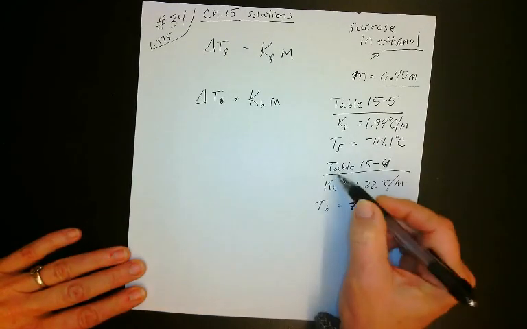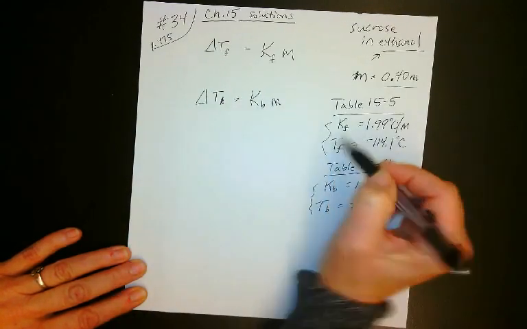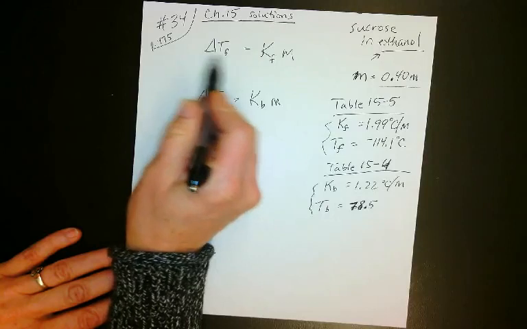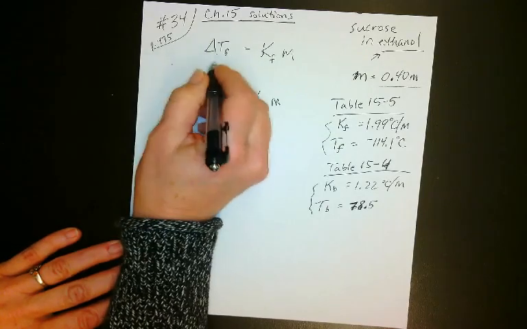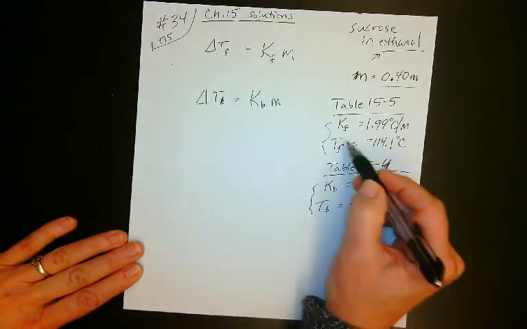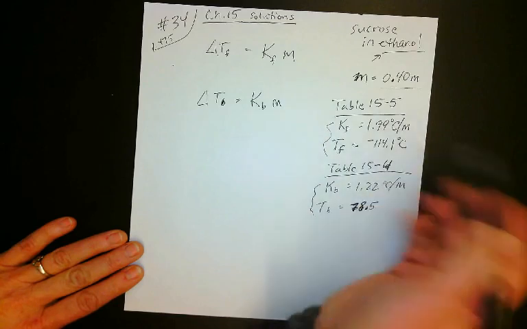So these numbers all get placed in here, but remember this is change. So we have our initial minus our final. So this is your initial for the boiling point, and then you minus the final.